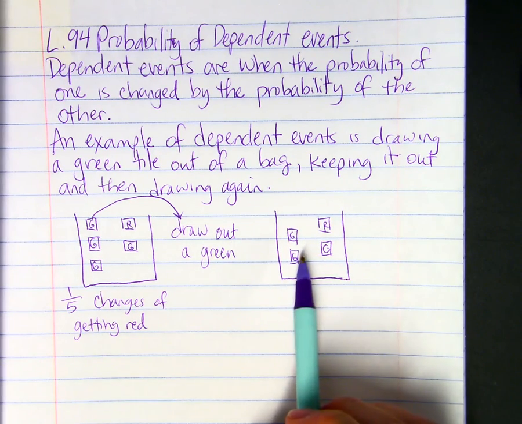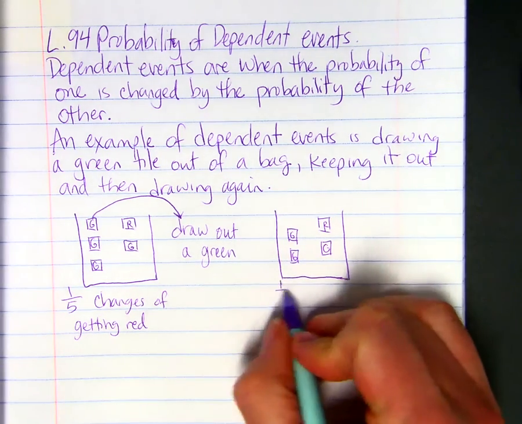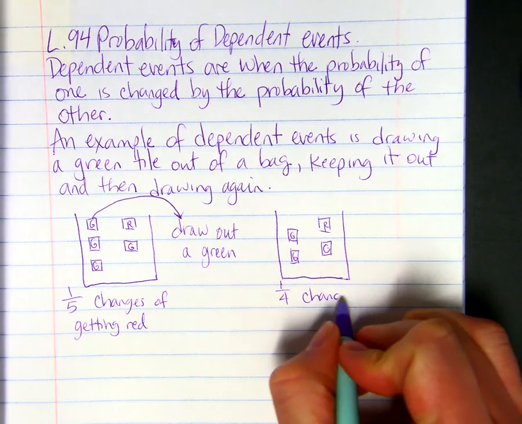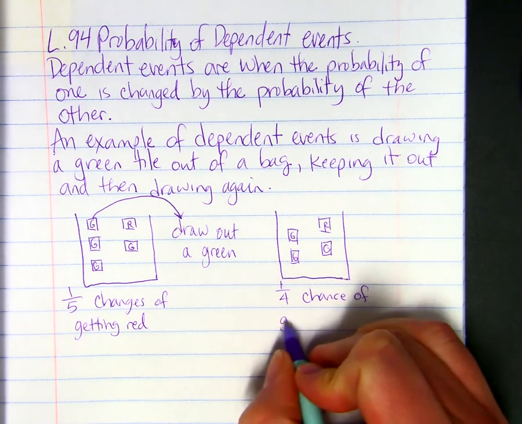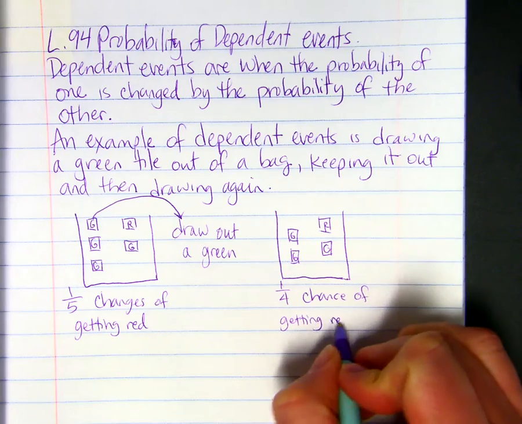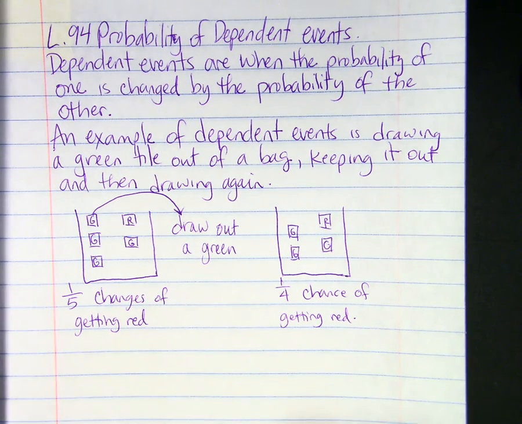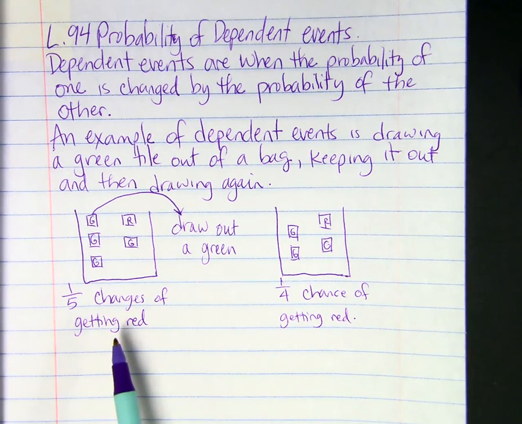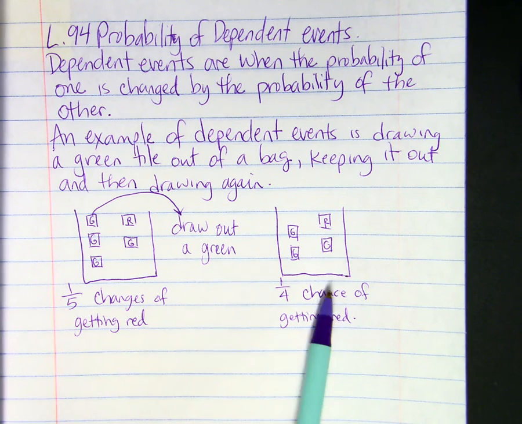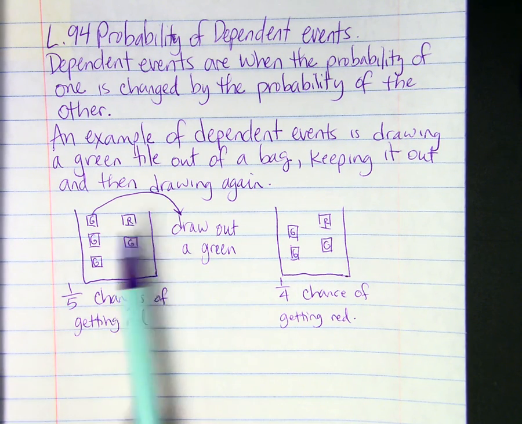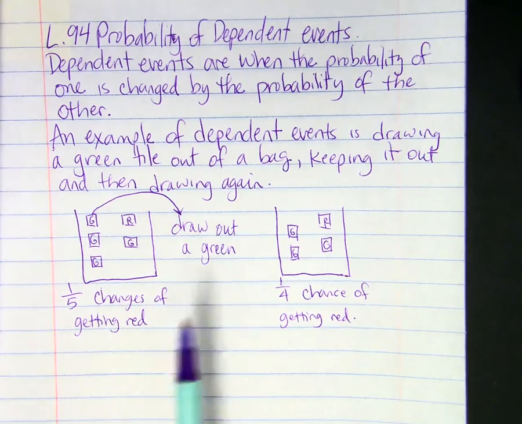Now we have 1 in 4 chance of getting red. So the probability of getting red changed by the probability of the other one when you keep it out.